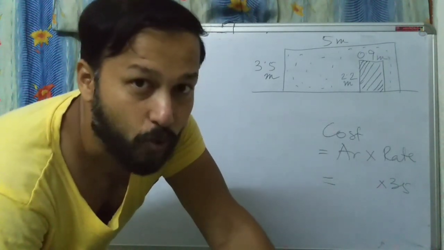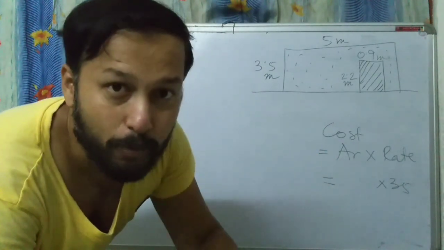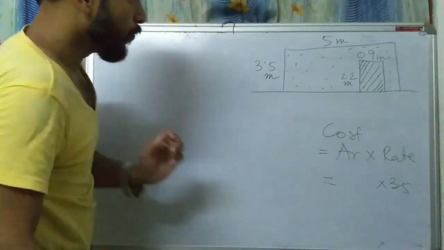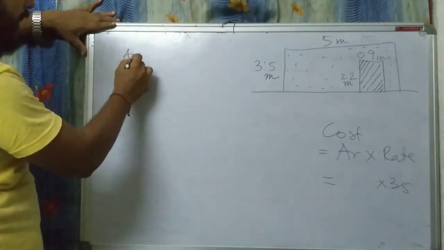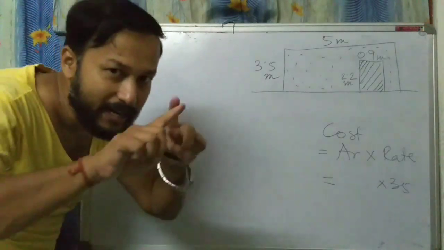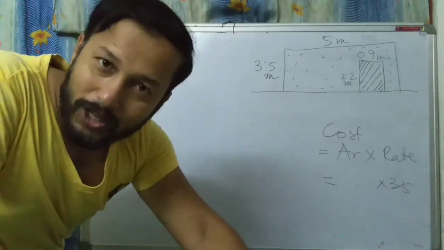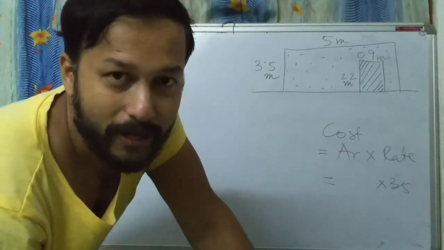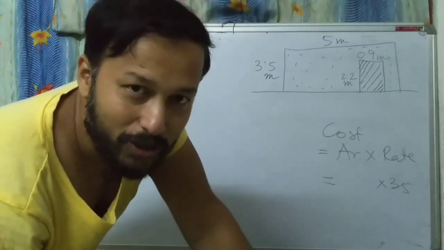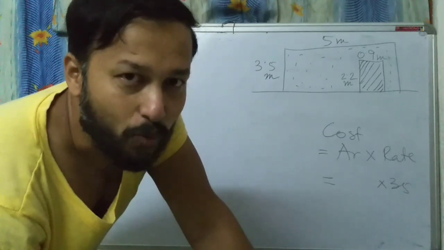So what is the area of the wall which we are going to paint? We are going to paint this portion. So that area equals the area of the wall minus area of the door. Understood? Why we are subtracting the door? Because door we are not painting. Are we painting the door? No. We are just painting the wall.